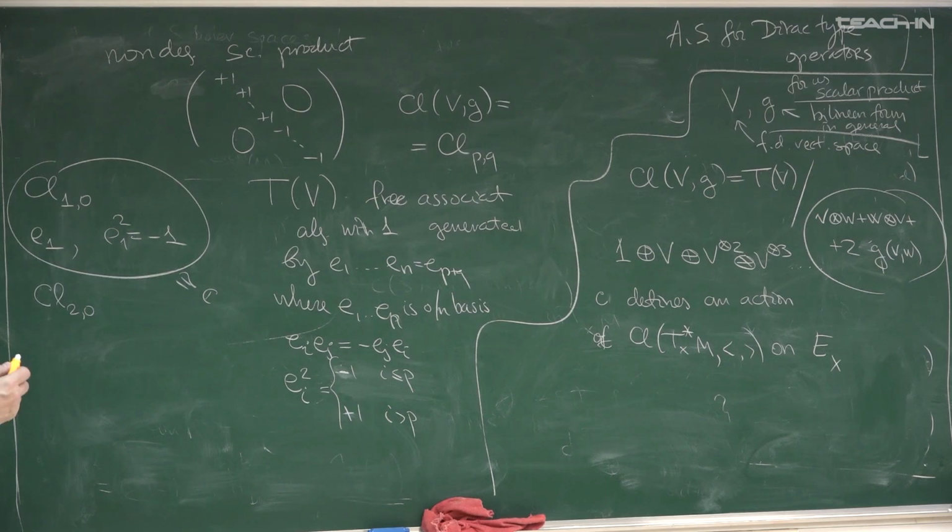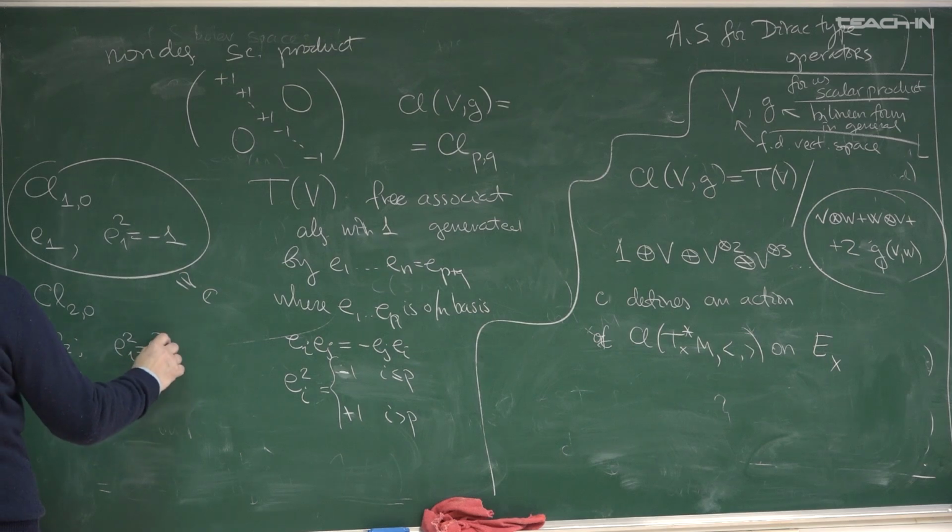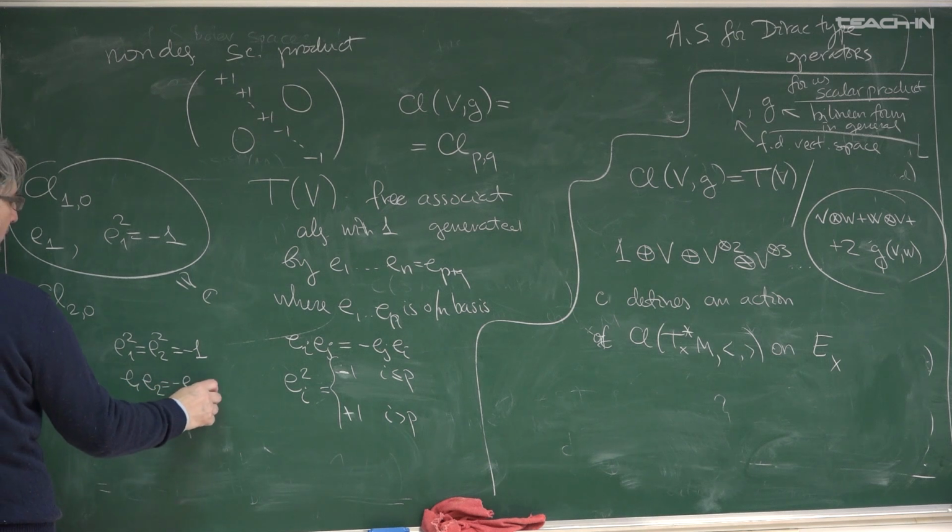Now it has two multiplicative generators, e1 and e2. And the relations are a little bit tricky. e1 squared and e2 squared are -1, and they anti-commute.